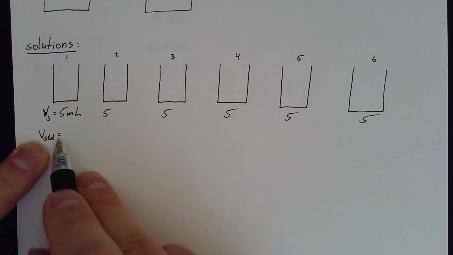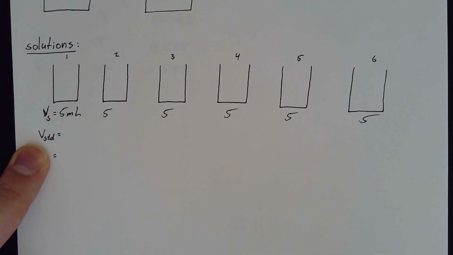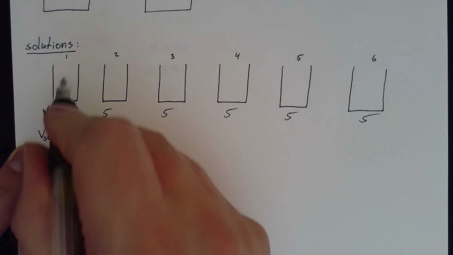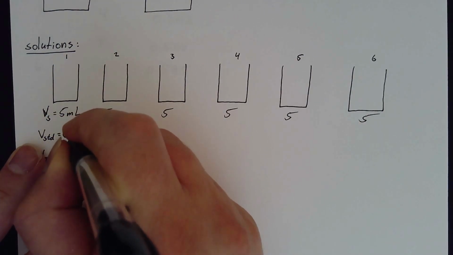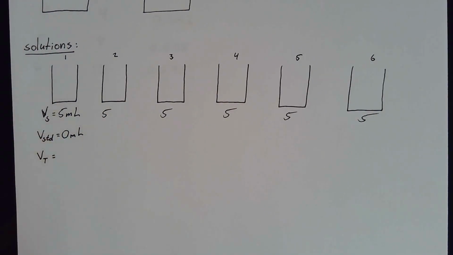For the standard solution, this is where it changes. So remember that with the first solution, we're going to want to put 0 milliliters in that one. I have to make sure that it has 0 in there. It can be a little bit weird to think about it that way.